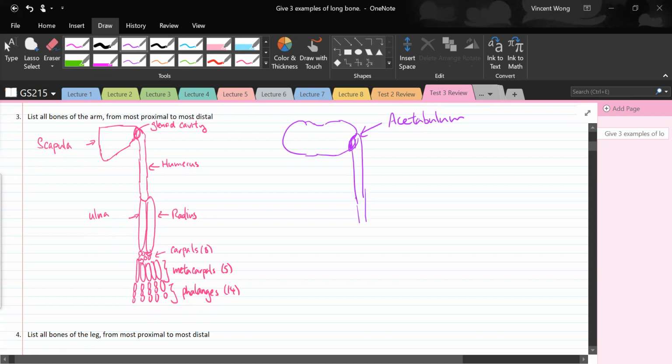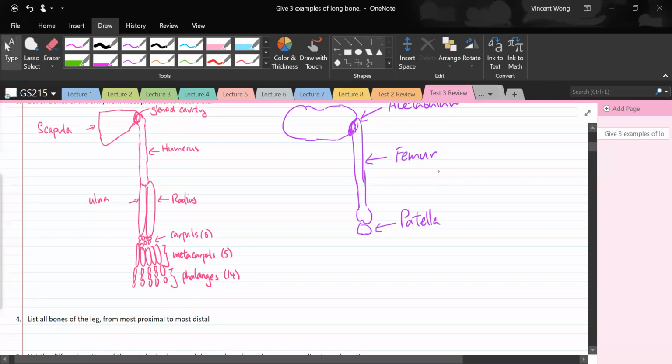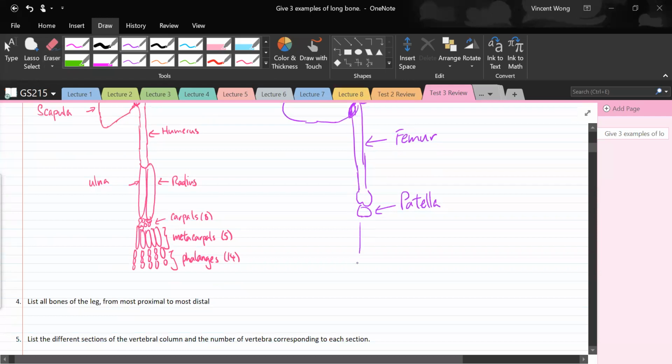We have the longest bone here in the body. That would be the femur. Okay, we have the patella here, which is the kneecap. We have the main weight-bearing bone in the middle.